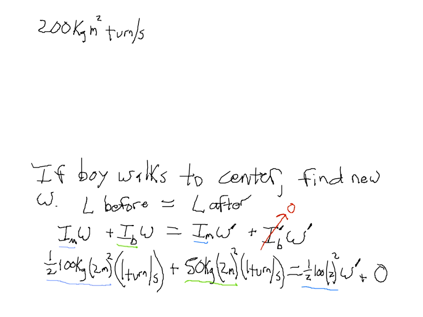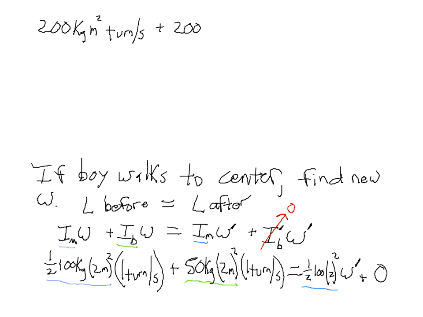It's a weird unit, isn't it? A kilogram meter squared turn per second. Okay, plus 50 kilograms times 2 squared, that's 200. Oh, also 200.